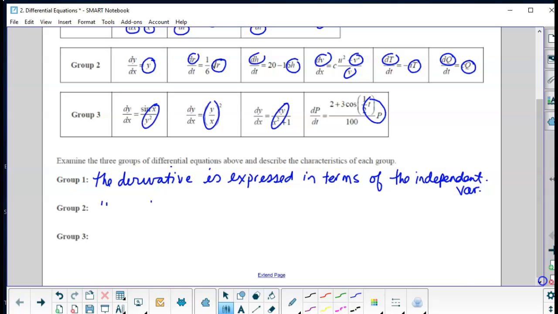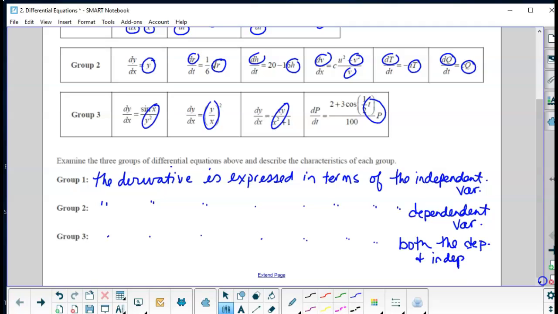The derivative is expressed in terms of the dependent variable. And the derivative is expressed in terms of both the dependent and independent variables.